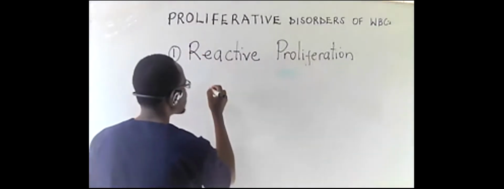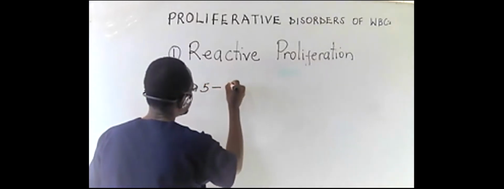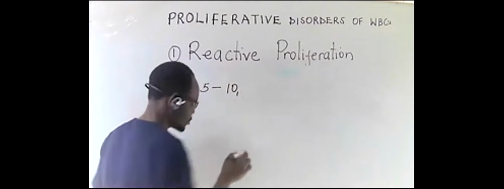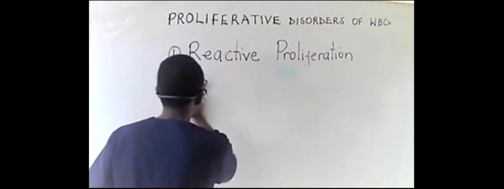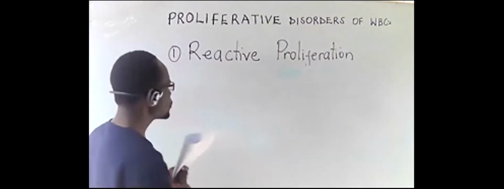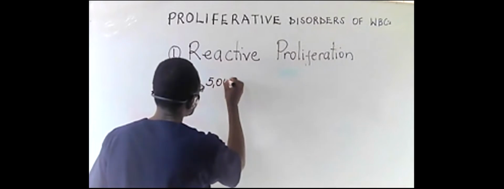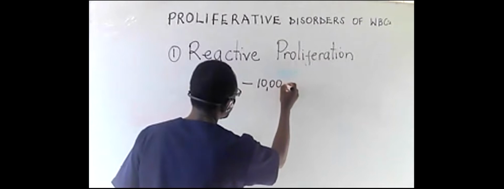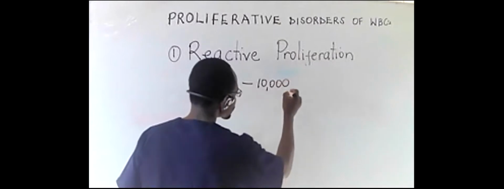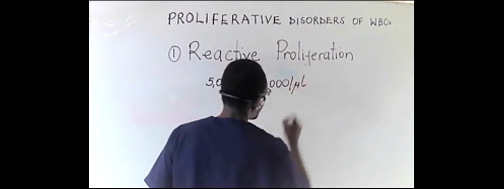The normal number is about 5,000 to 10,000 per microliter.